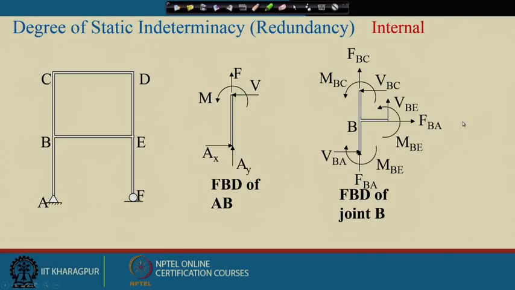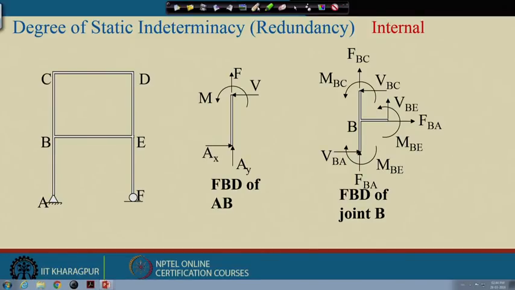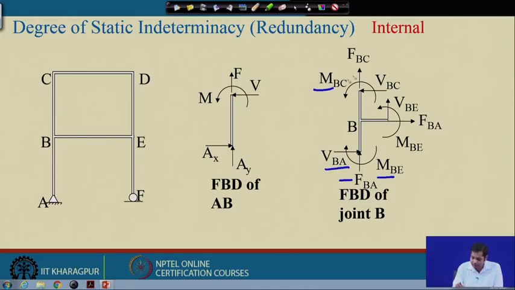Now, let us see whether for the other members as well we can determine the internal forces or not. Consider now joint B. If we take joint B, then the free body diagram of joint B becomes this. We have three forces here, three forces here, and again another three forces and another three forces. Now, from this you see already M, F, V are known.